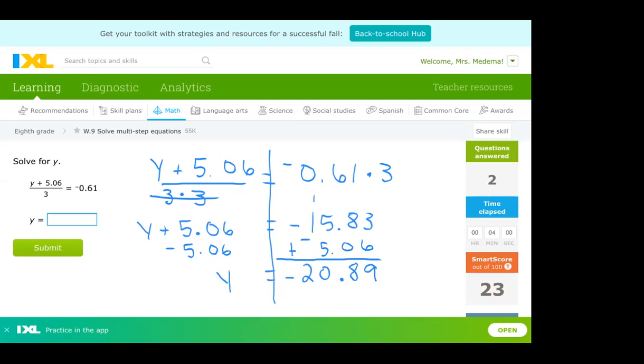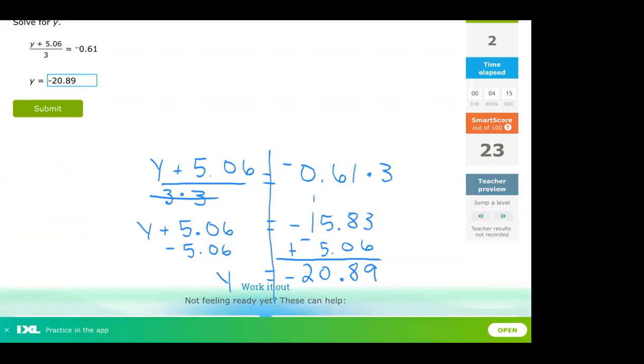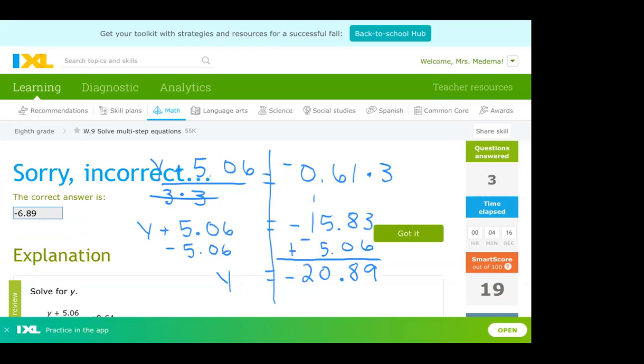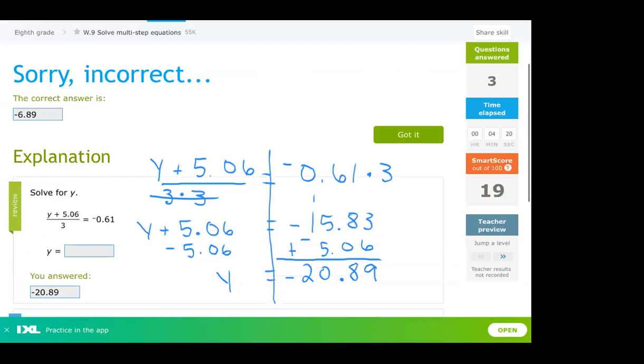The y was a negative 20.89. That's what I thought. Going up to here. Where did I go wrong?